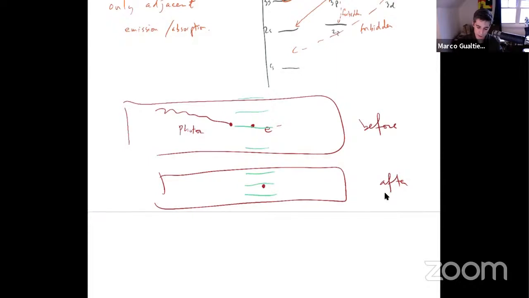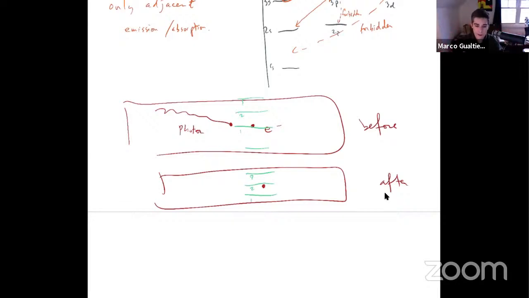So maybe before we had a photon and an electron in a certain state, and then after we have only an electron but in a higher state. And all of this is happening in the lab, and I can rotate the lab. I can rotate it before, I can rotate it after, and the electron and the photon do not care.